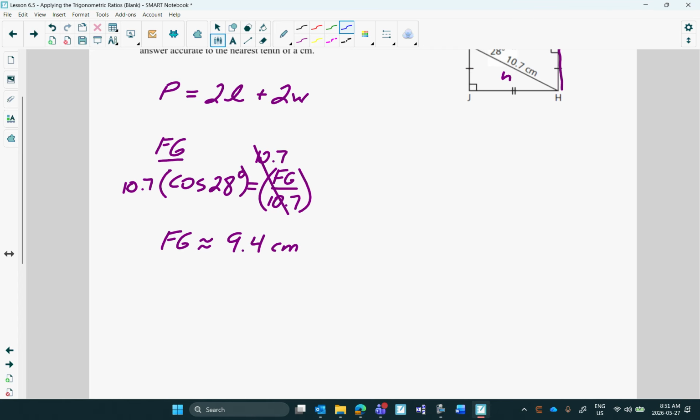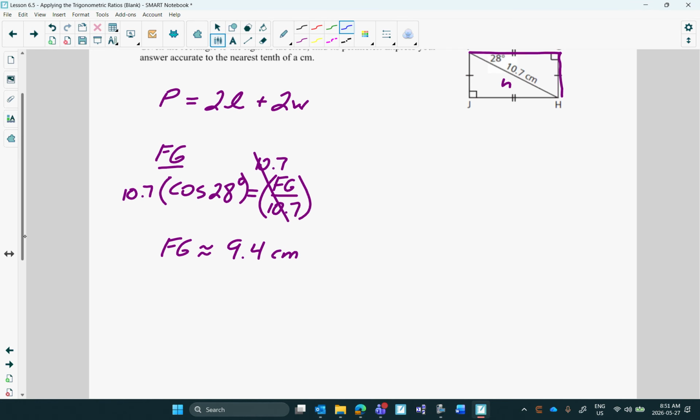Now we've got to find GH. Let's use trig again. So I'm given this angle, name of this side. This side is still the hypotenuse, which means I'm going to use sine.